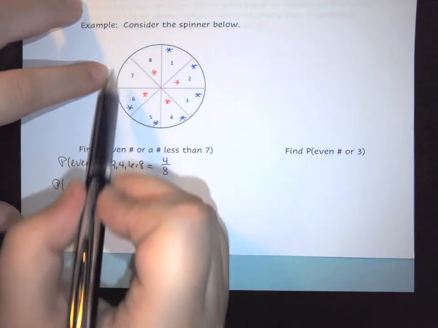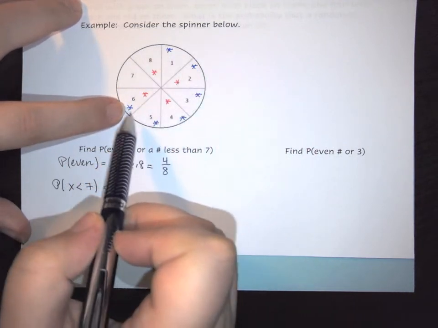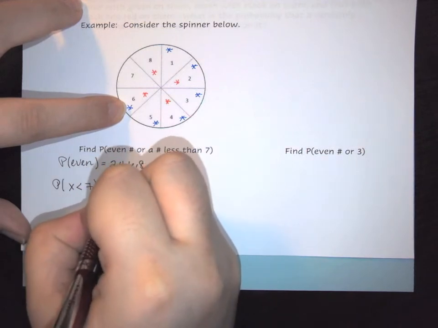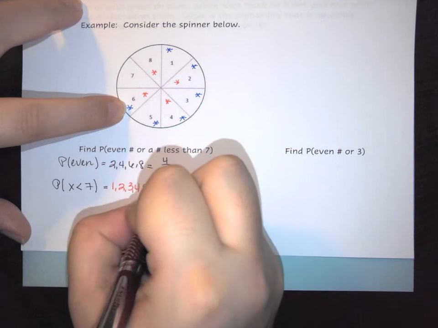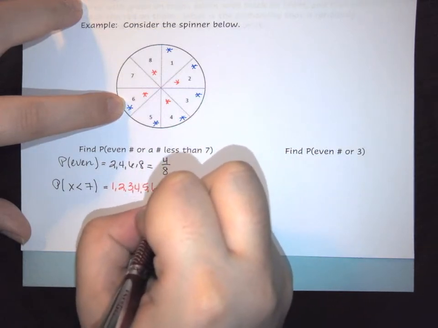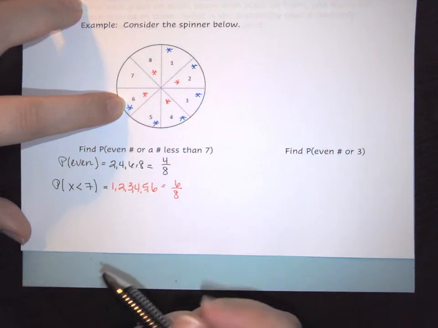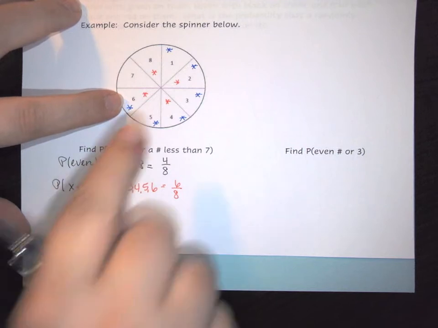Again, I still have 8 total options, but here I only have 6 values to choose from. So my probability there would go 1, 2, 3, 4, 5, 6, which is going to give me 6 over 8.